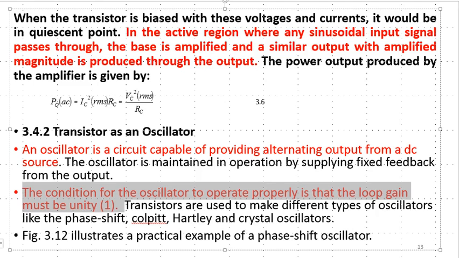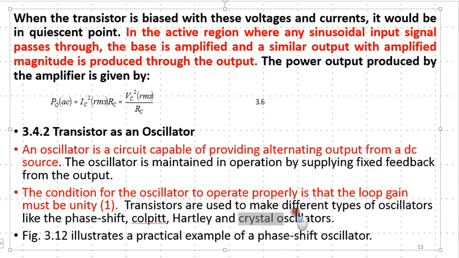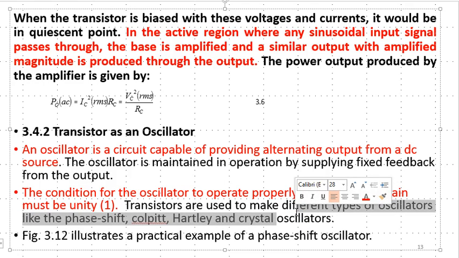And also we have different types of transistor oscillator, which include the Colpitts, the phase shift oscillator, the Hartley oscillator, the crystal oscillator, and many more. All these are going to be specialized in when you reach 300 level in 310, that is electronics engineering.